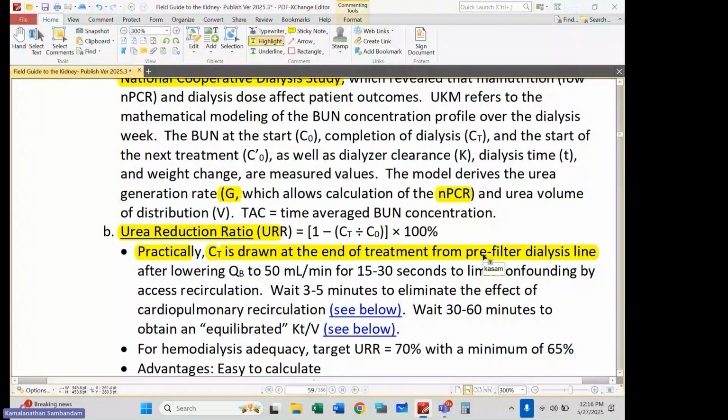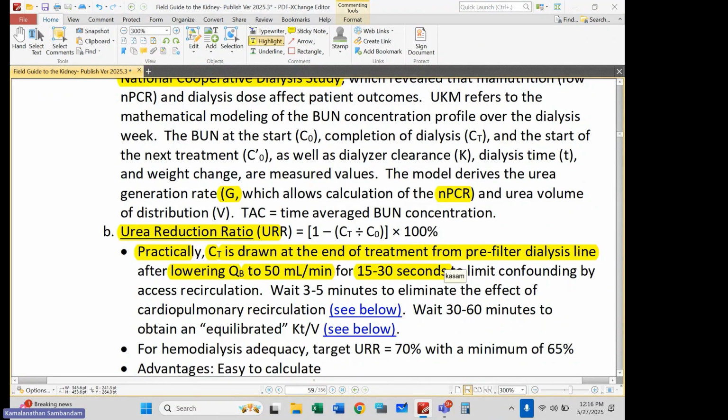We don't actually stop dialysis. We simply lower the blood flow rate to a quite low value at the end of dialysis. We run the blood for a few seconds in order to eliminate the effect of recirculation, right?